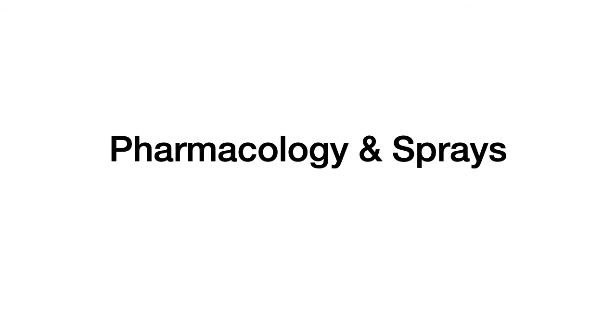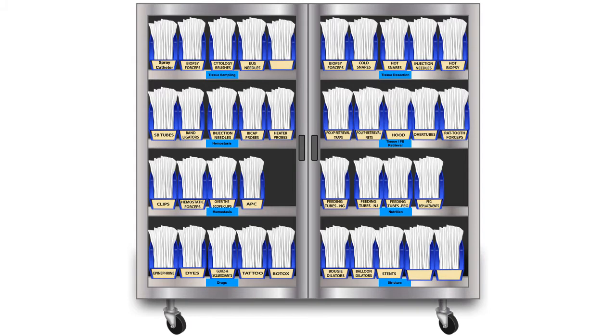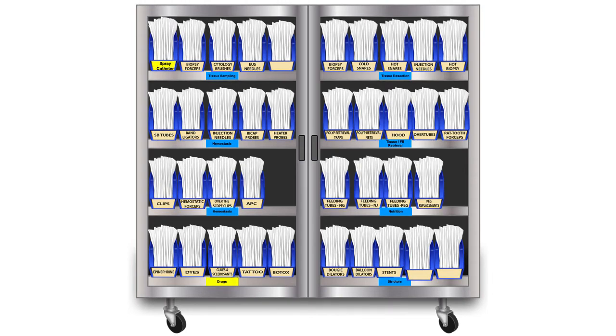So when your physician says that we're going to do the screening procedure with a spray, you should go back to your counter and look for the spray catheter and various types of medications that are used for that particular case.